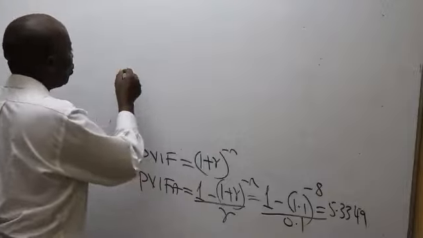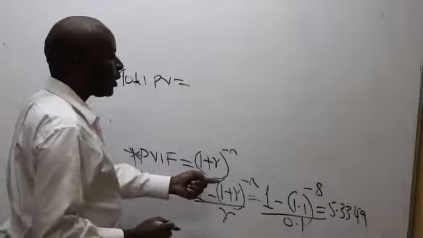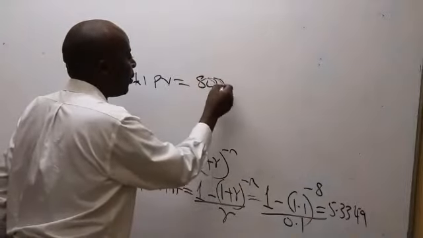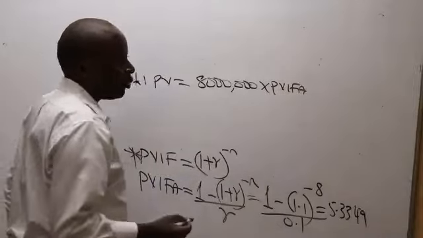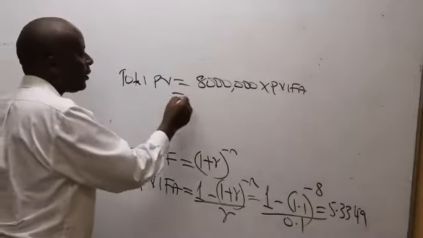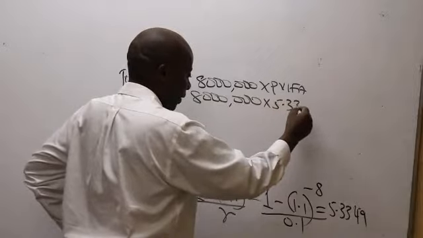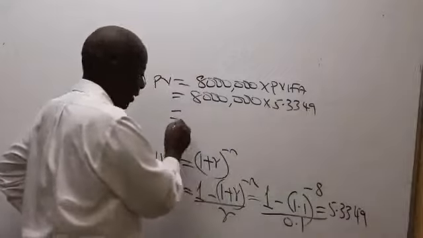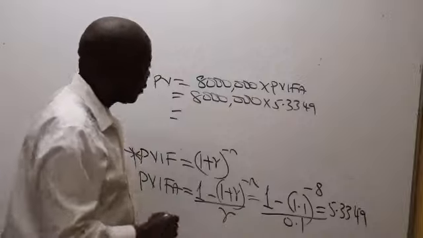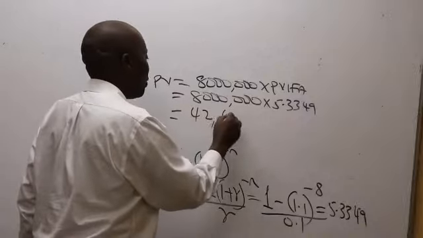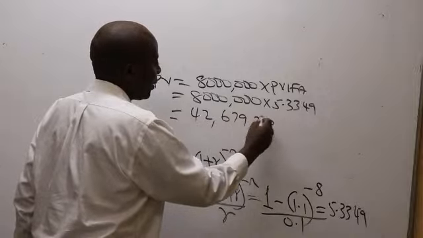I'll say total present value is equal to the cash flow that we have, the 8 million, times the present valuation factor of an annuity. So it will be the 8 million times the PVIFA, which is 5.3349. Is there somebody who can give me this figure? 42,679,200 Kenya shillings.